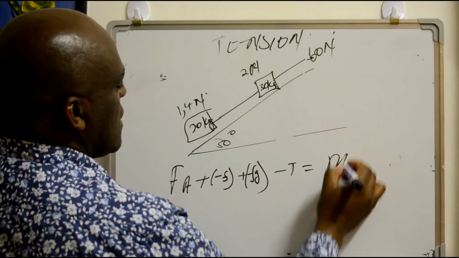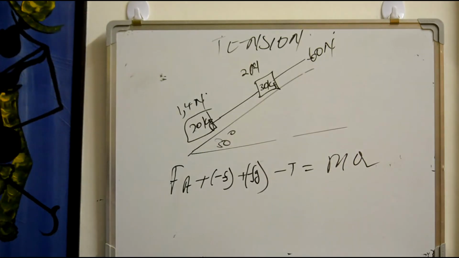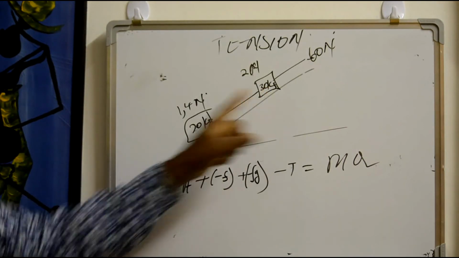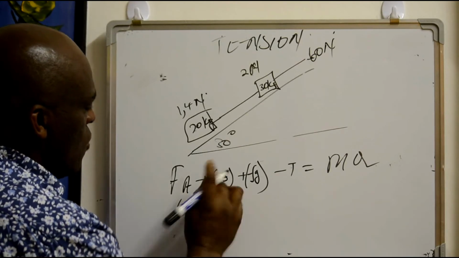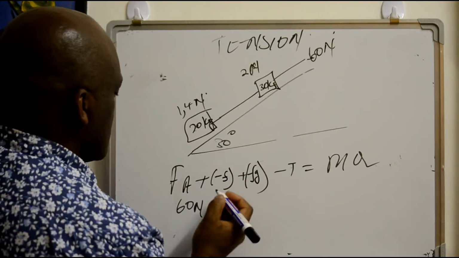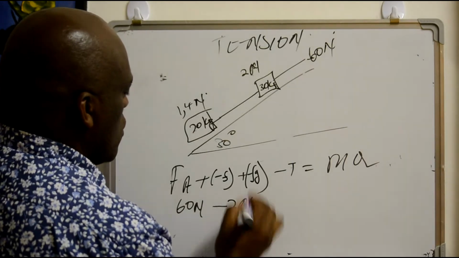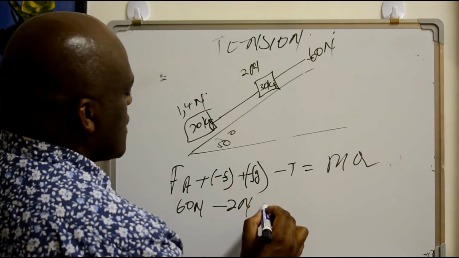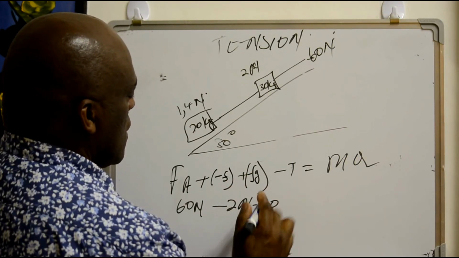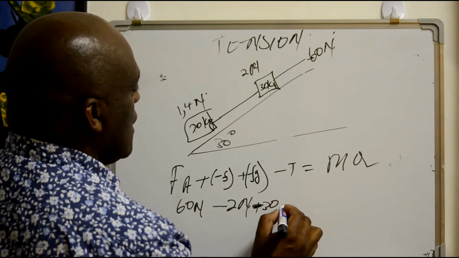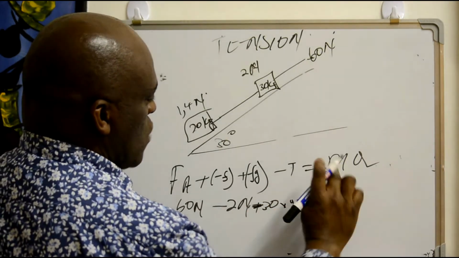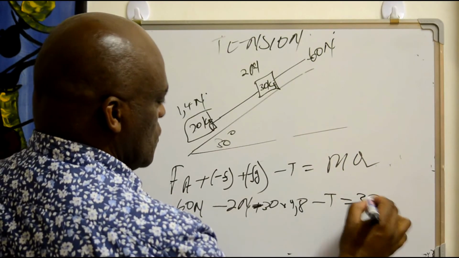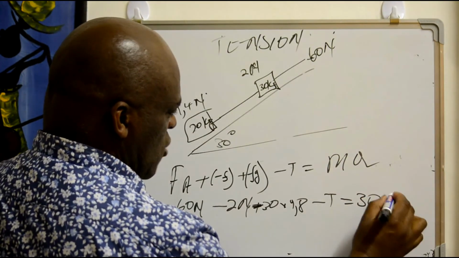That is equal to mass times acceleration for the 30 kg object. The force applied is 60 Newton, the friction is minus 2 Newton, and the force of gravity is minus 30 times 9,8, minus the tension. The mass is 30, and then your acceleration is known.